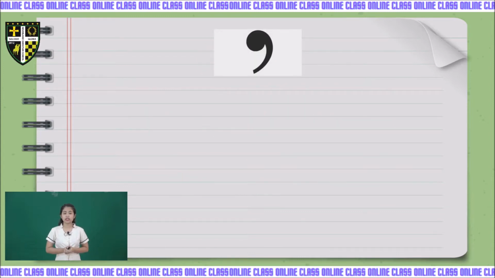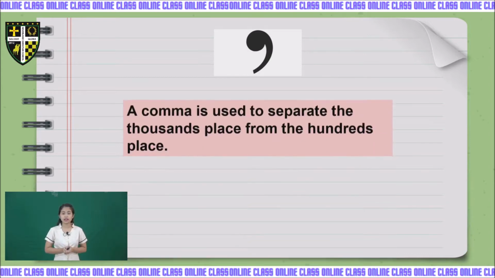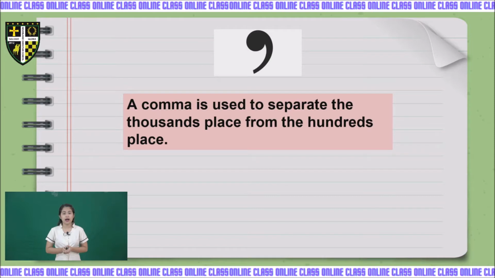So next one, let us talk about this symbol. What do you think is this symbol? This symbol is a comma. A comma is used to separate the thousands place from the hundreds place. Just like, for example, we have 2,897. So, where is the comma there?